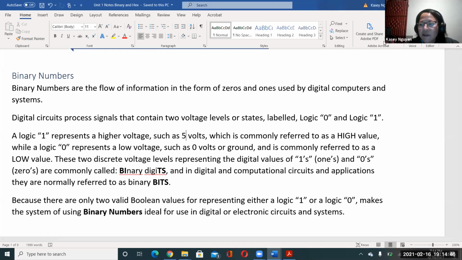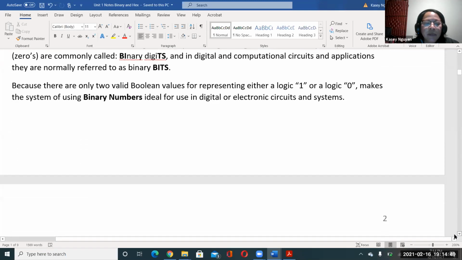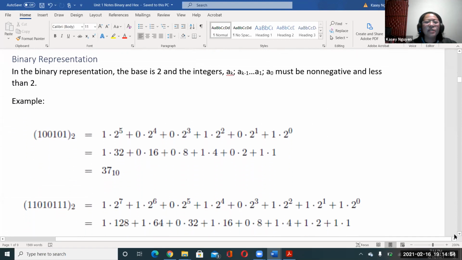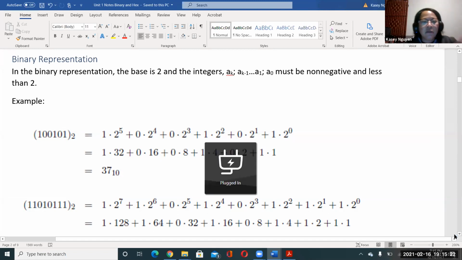Okay, so now we will be working with binary numbers. Here it gives you a little bit more explanation. When we take our decimal number, let's say you wanted to calculate 5 plus 2, and make sure that it's a 7, the computer actually takes that and converts it to 0s and 1s.